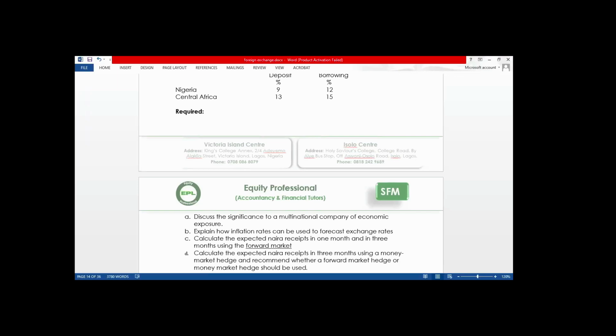What the examiner is asking you is, what is the significance of economic risk to a multinational company? Why should multinational companies focus on economic risk?